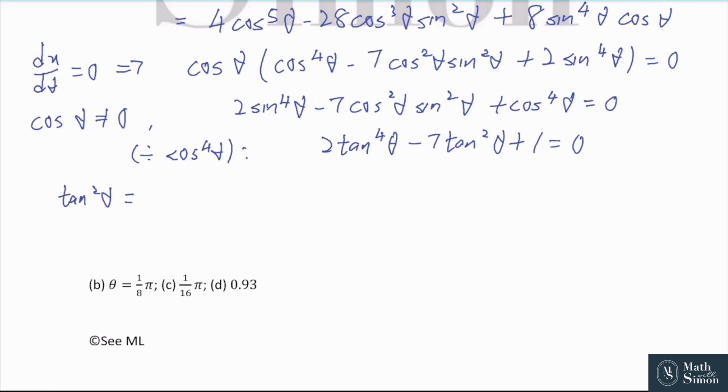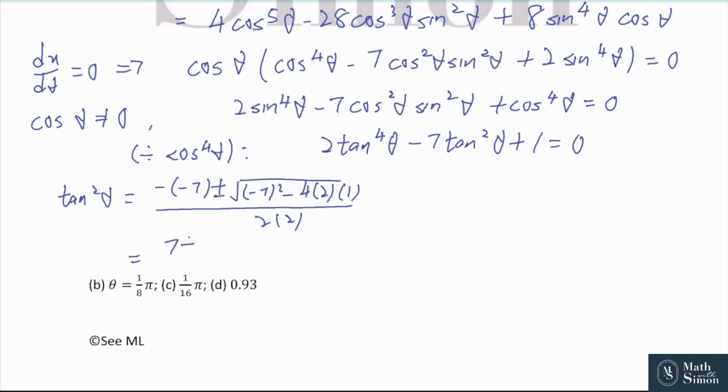So tangent square theta is minus b plus minus square root of b squared minus 4ac, divided by 2a. For this, we're having 7 plus minus square root of 41 over 4.